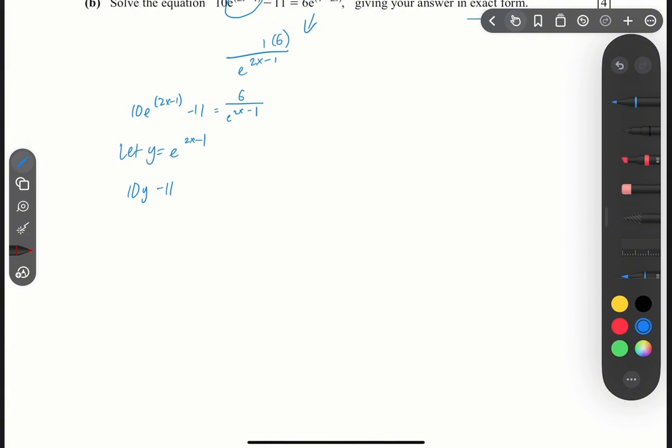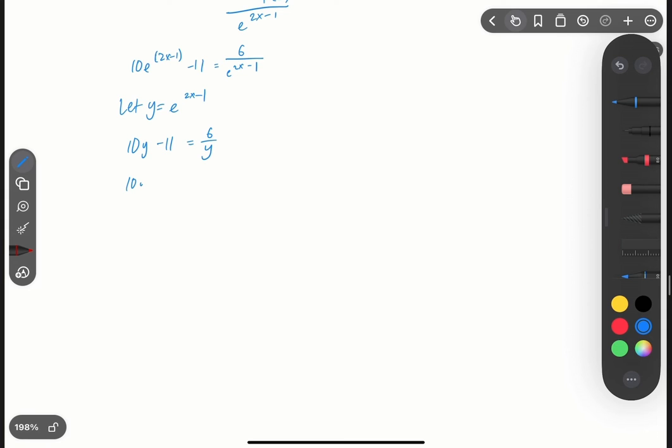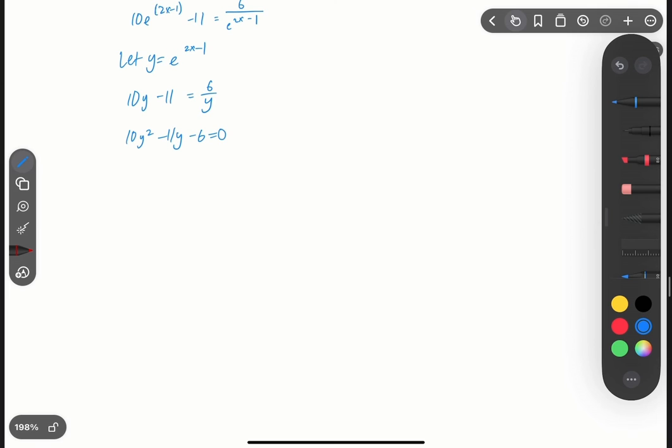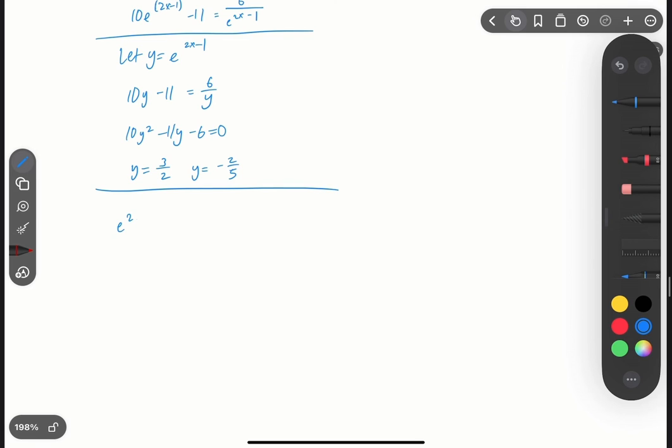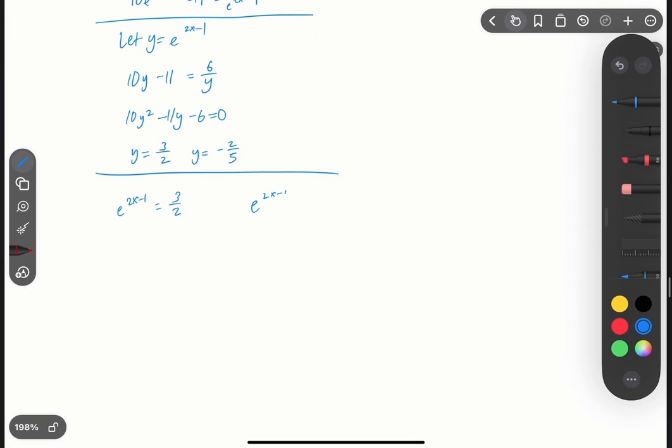10y minus 11 equals 6 over y. Then you just rearrange. And then you plug it into the quadratic equation to get y equals 3 over 2 and y equals minus 2 over 5. And e to the power of 2x minus 1 equals 3 over 2. And same thing here.